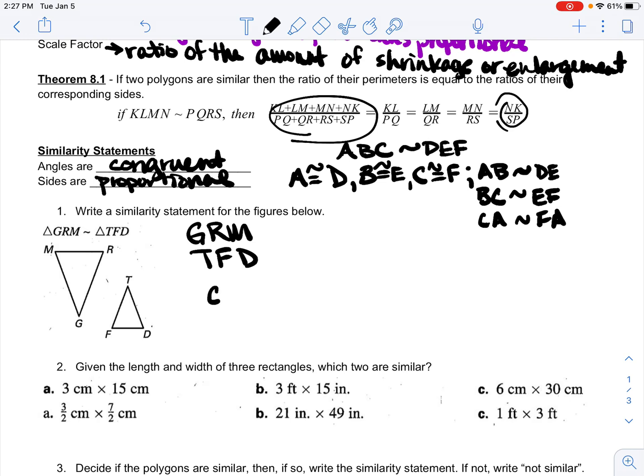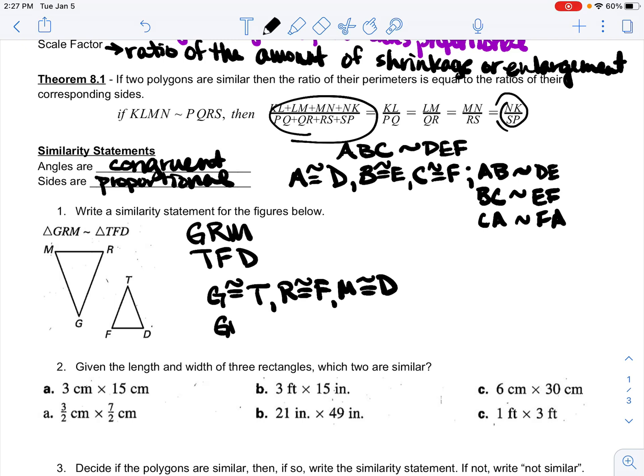So we've got G is congruent to what stacks up with it, T. R is congruent to F, and M is congruent to D. So that's part of the statement. The other one is side lengths.